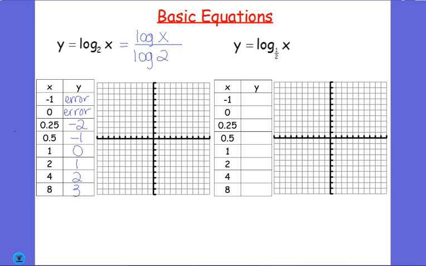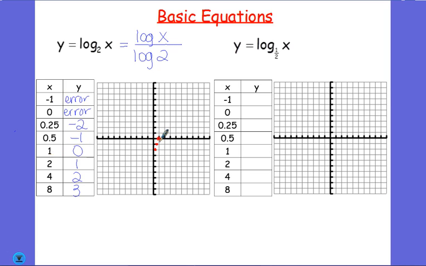So let's see what kind of shape this makes. So we're going to go to the right 0.25, down 2. So right just a little bit, down 2. Then we're going to go right a half a box and down 1. Then we're going to go right 1 and stay there.